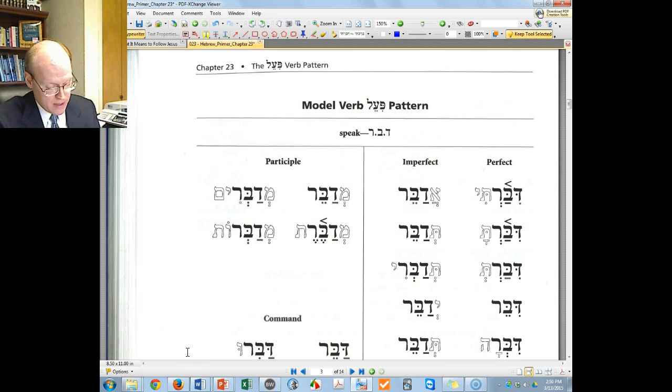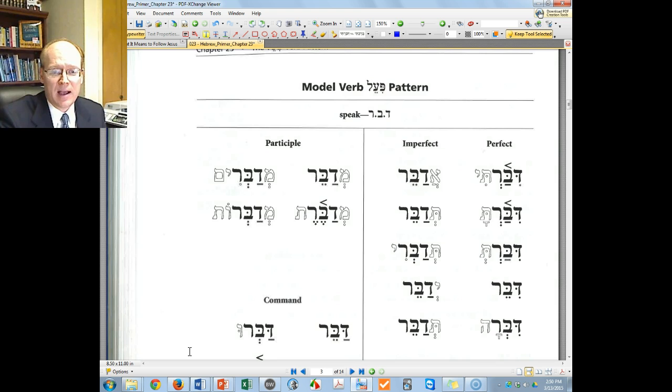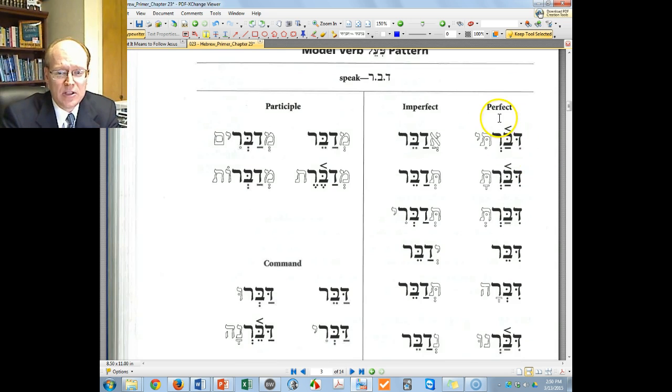Turn with me over to page 256 and let's look at the model verb Piel pattern so that we can see how what I'm saying is the case. The model verb in this case is the verb to speak. And notice that in the perfect tense, as we look down through all of these forms, there's a hiriq under the first radical, and there's a dagesh in the second radical.